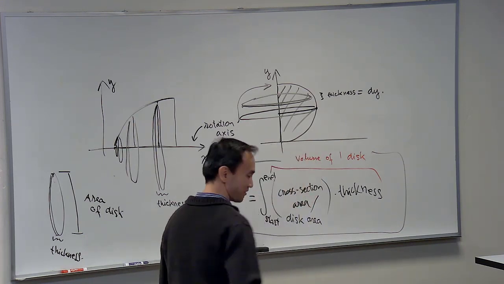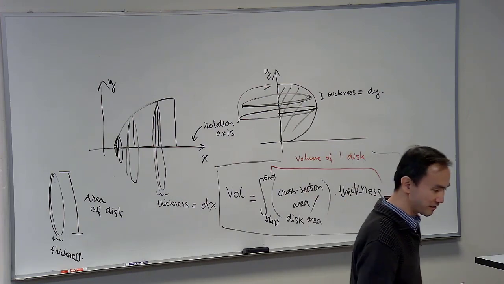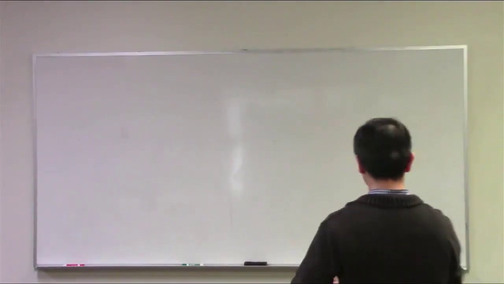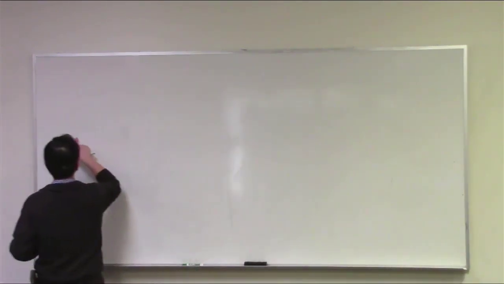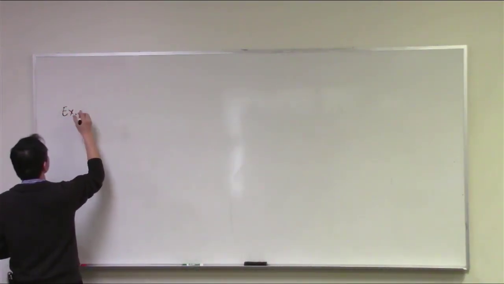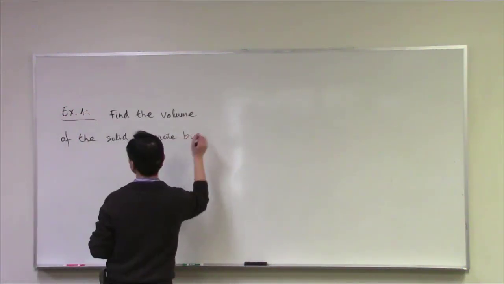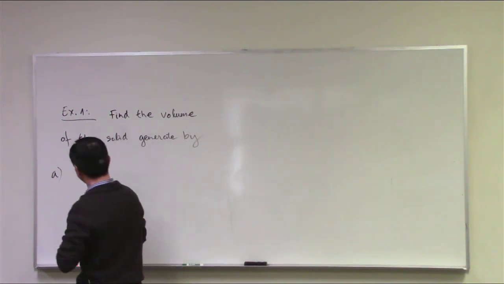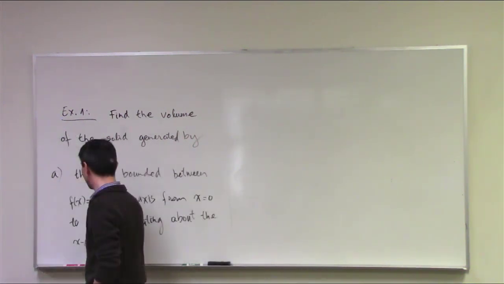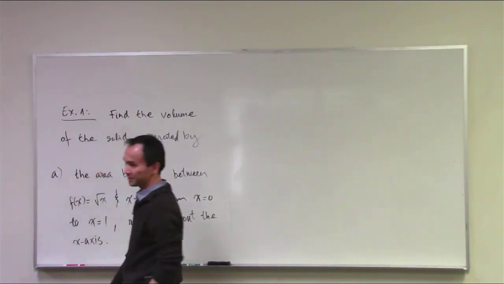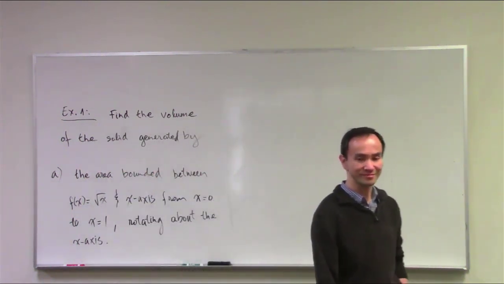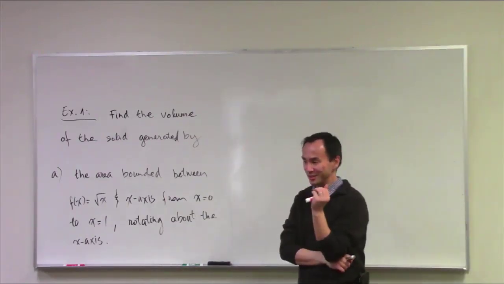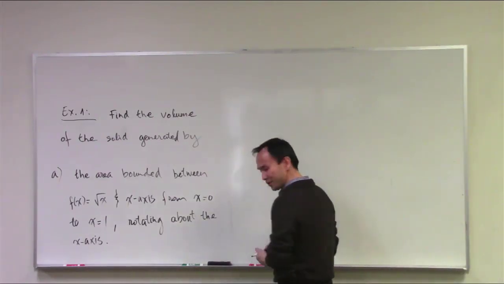All right. So now I'm going to produce the first problem for us to try. Let's call that Example 1, Part A. So after writing it down here, let's look at the problem.